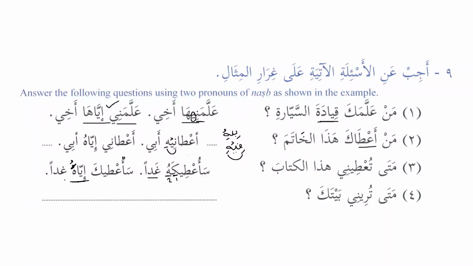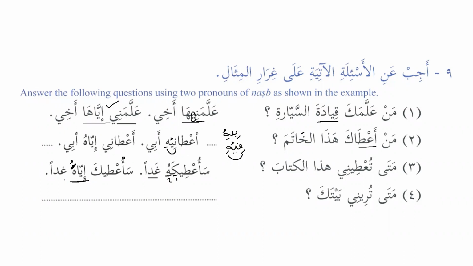Okay, متى تريني بيتك? When will you show your house to me? Let me see. Ara, yuri, we have discussed a lot about this verb. So you say, I will show it to you after some time. سيريكه. سيريكه غدا.